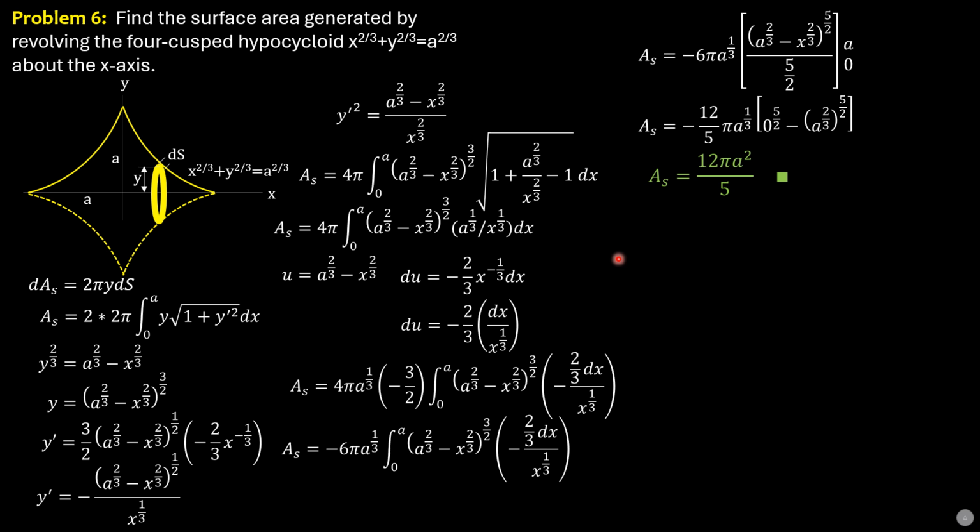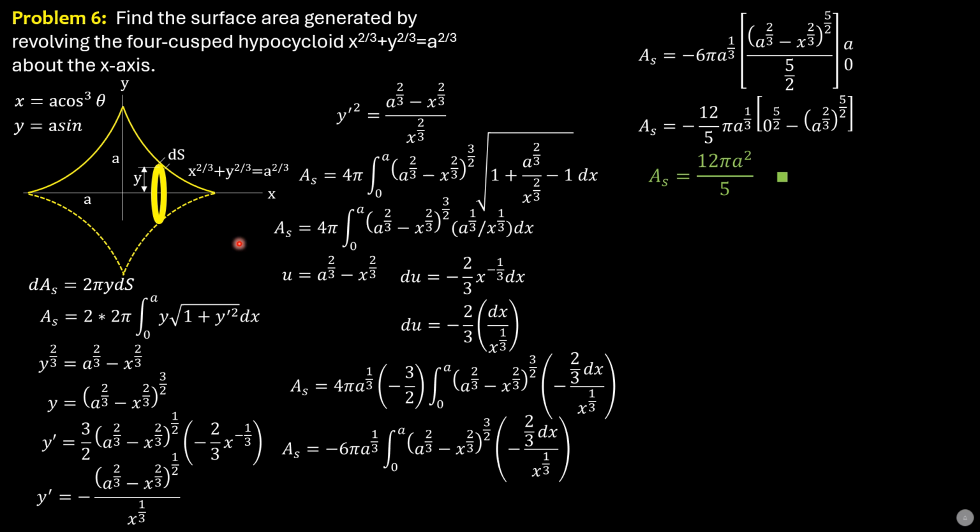Now, for the parametric equation, the parametric equation is easier to manage than this algebraic equation. X is a cosine cube of theta. Y is a sine cube of theta, so that when you substitute it here, this is satisfied.